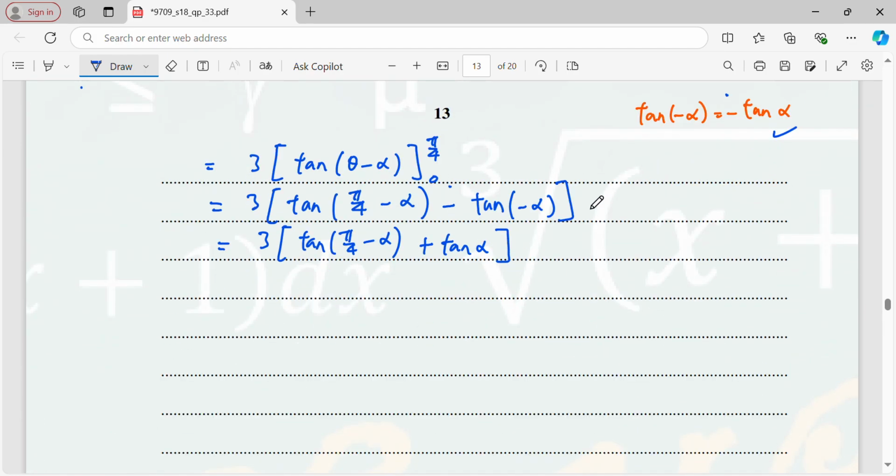So now here, remember, tangent alpha is 2, right?